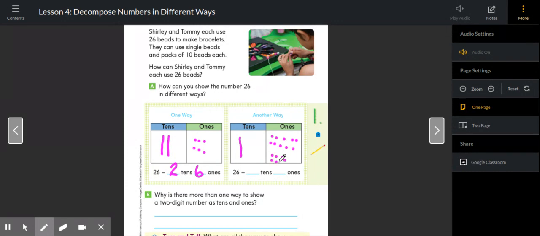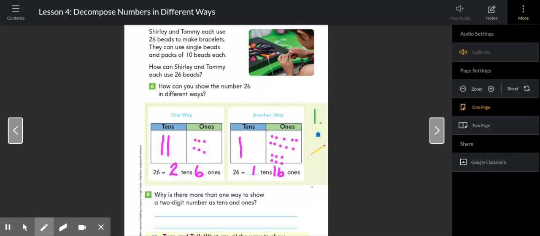So now, you know your quick 10s. If this is 10 ones and this is 6 ones, 10 plus 6 we know is 16 ones. 16 ones, and now only 1 10. And that is also equal to 26.